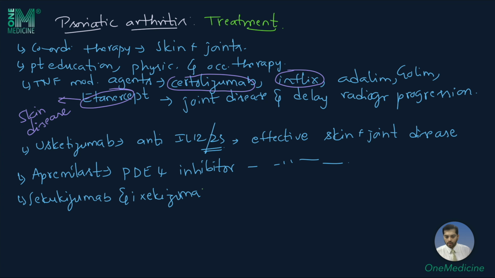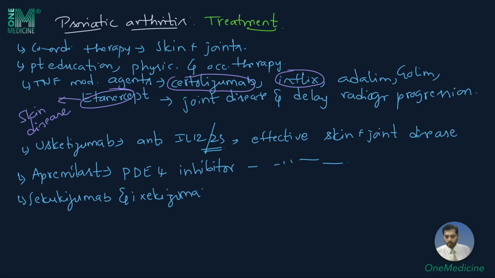Other features include enthesitis, Achilles tendinitis, plantar fasciitis, and if axial skeleton is involved, patients can have sacroiliitis also. Laboratory findings include an HLA B27 positivity in up to approximately 70% of the patients. They'll be classically negative for rheumatoid factor.